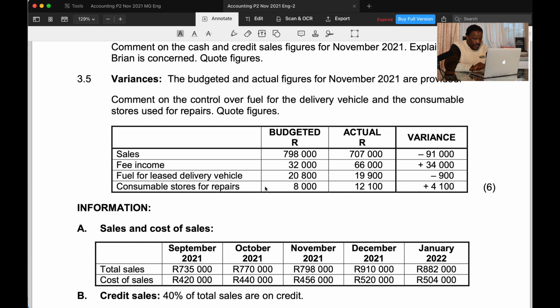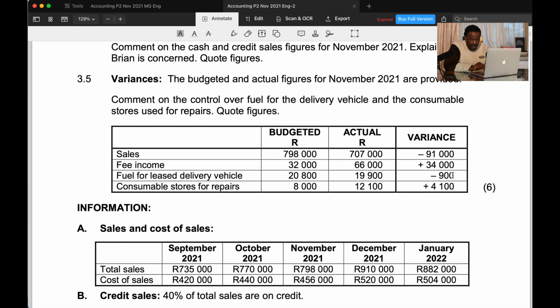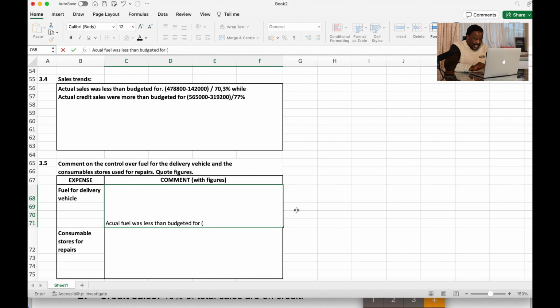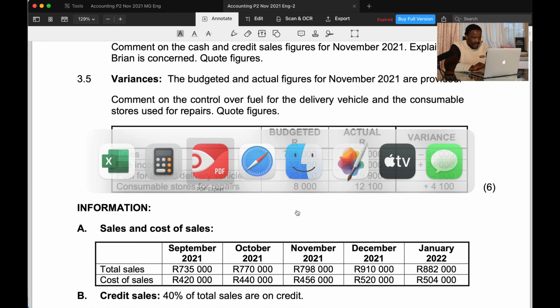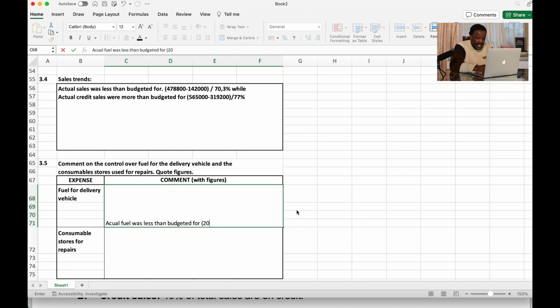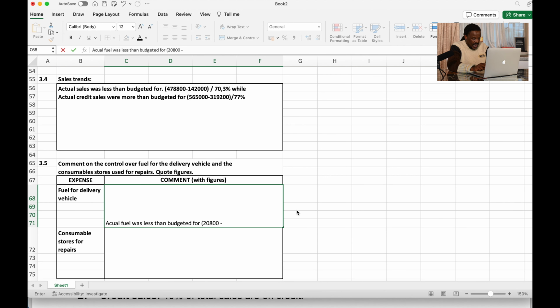Quote figures of fuel: its budget was 2,800. If it's given like this, you just have to take a variance. Even if it's given, still mention it, because they will not disqualify you for this. 2,800 minus 19,900, and that variance is 600.